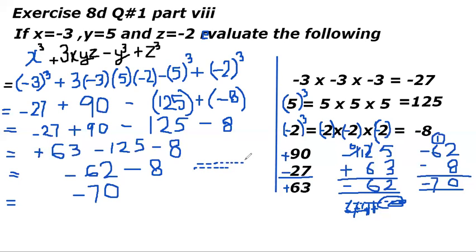And how many total negative signs are these? If you put negative 62 signs and negative 8 signs, in total they will be negative 70 signs. Look here, I have done it here also, negative 62 and negative 8, negative 70.